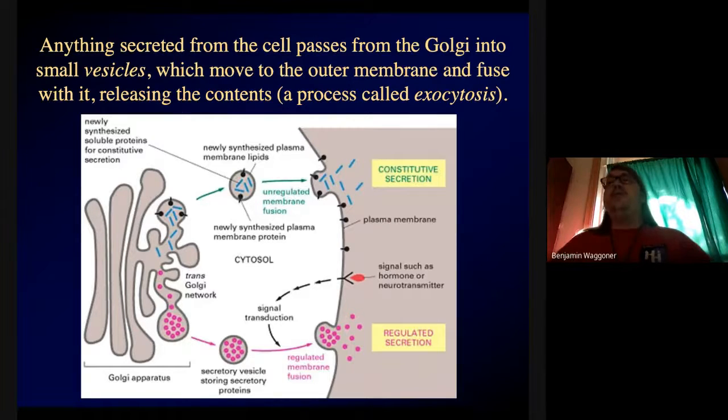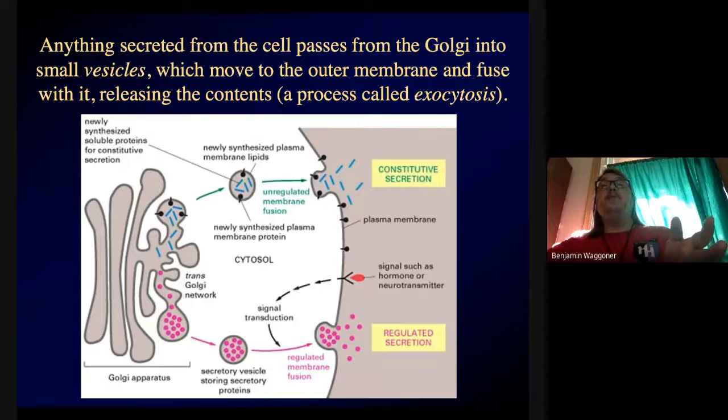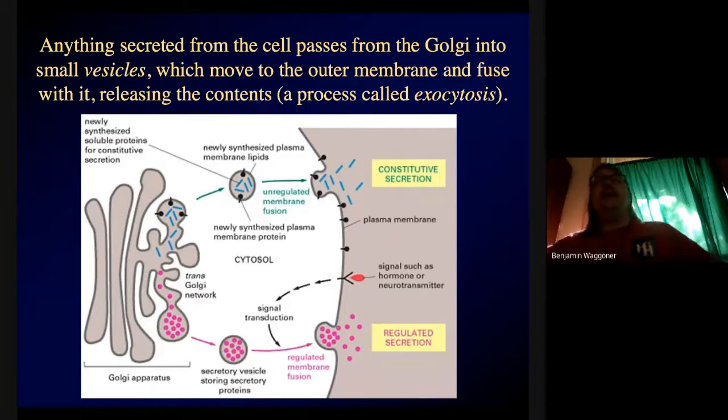There's a whole bunch of things that can happen in the Golgi called post-translational modification, which we don't need to get into. And anyway, then they bud off and form these little vesicles, and the vesicles can move to the outer membrane and fuse with the outer membrane, which releases the contents to the outside.